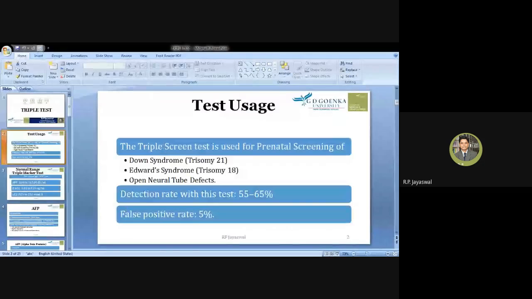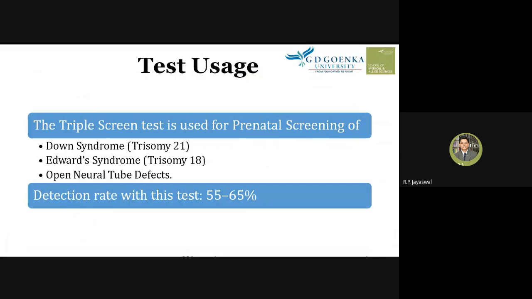Down syndrome is a trisomy of chromosome number 21, and Edwards syndrome is a trisomy of chromosome number 18, and open neural tube defects is a type of defect where spinal cord disorders take place. This is a type of prenatal screening test. We can screen this kind of disorder in the developing fetus.